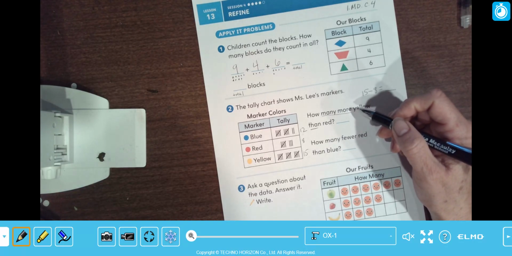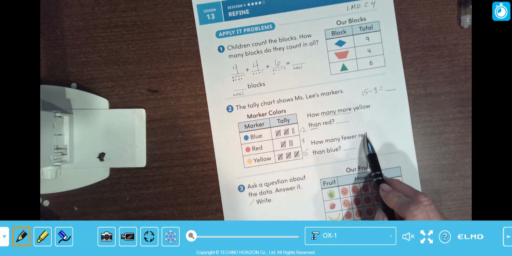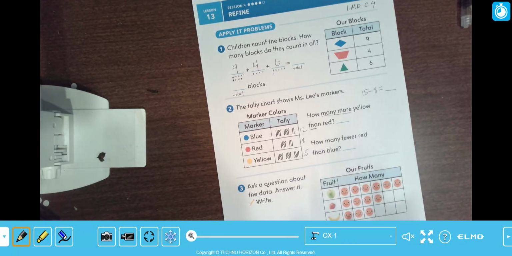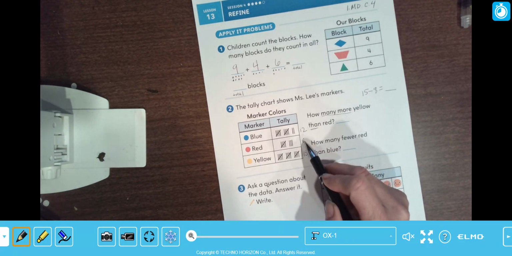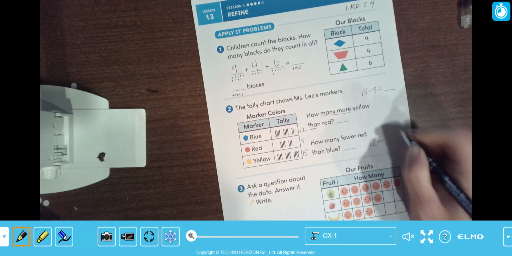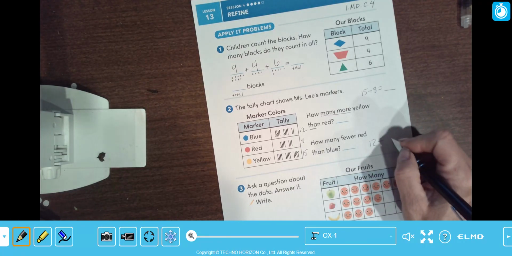Whenever we're comparing, you have to subtract. How many fewer red than blue? So they want you to compare red and blue. So which one has more, red or blue? Yeah, blue has more. So whichever number has more has to go first. 12 minus, and minus because we're comparing, red.